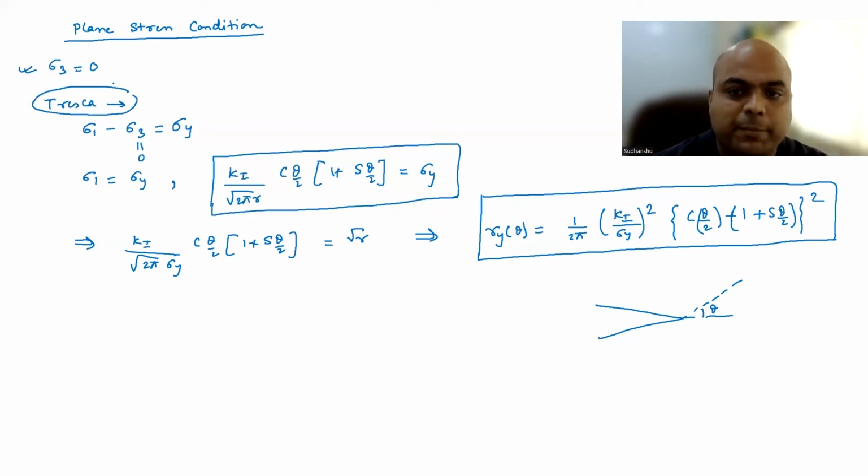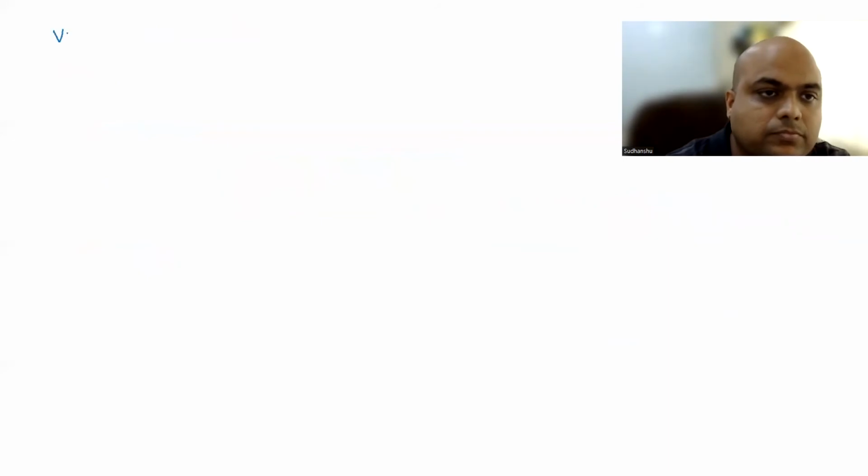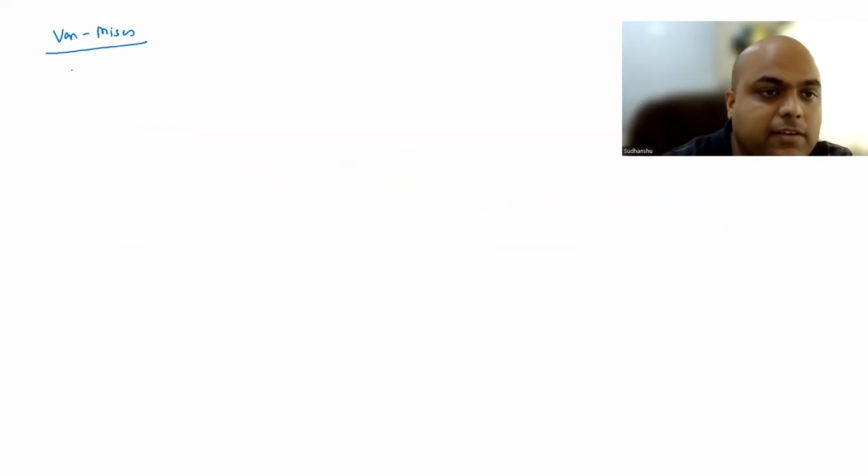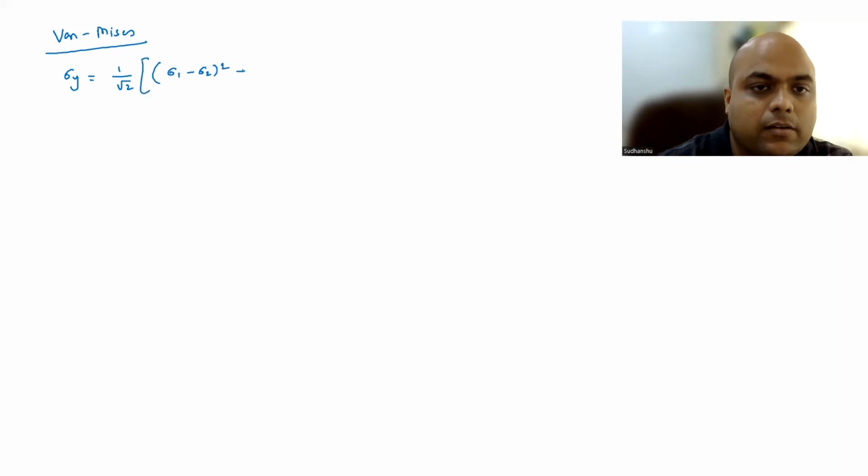Now let's do it for von Mises. So if we use von Mises, it is sigma y equal to 1 by root 2 times the square root of sigma 1 minus sigma 2 squared plus sigma 1 minus sigma 3 squared plus sigma 2 minus sigma 3 squared.